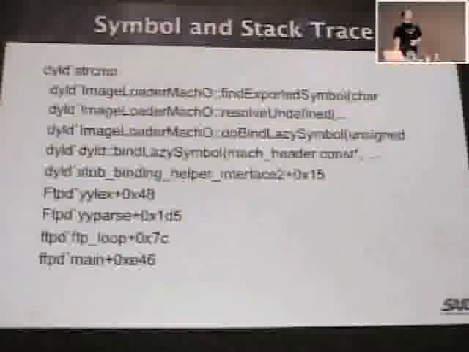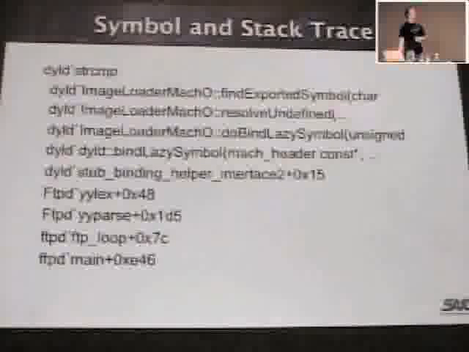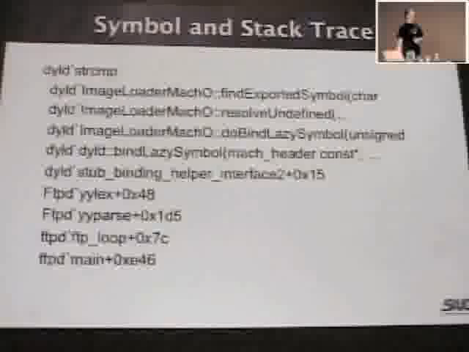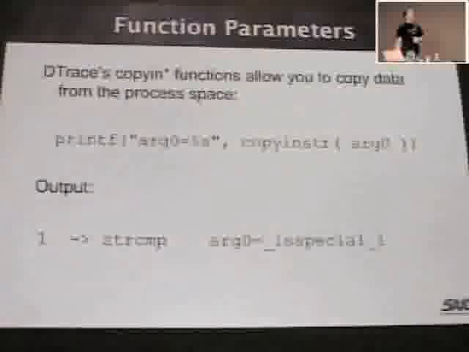Here's a simple stack trace printed when we enter strcopy from FTP. We get symbol resolution. We also get the offsets within each function, so we can open up stuff in IDA and see the exact instruction that's being executed. We can also print function parameters, right? So this is really interesting when you want to see what is being passed to some function that you found out is vulnerable or crashing.